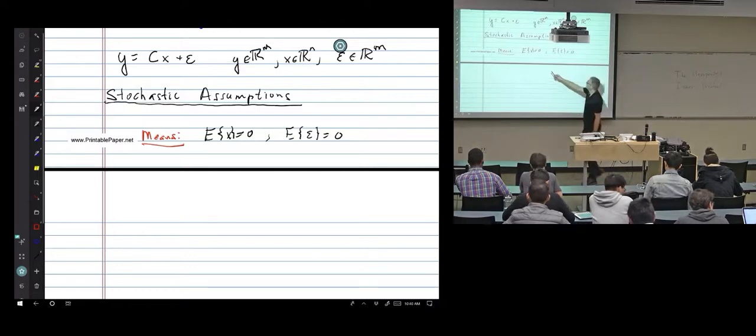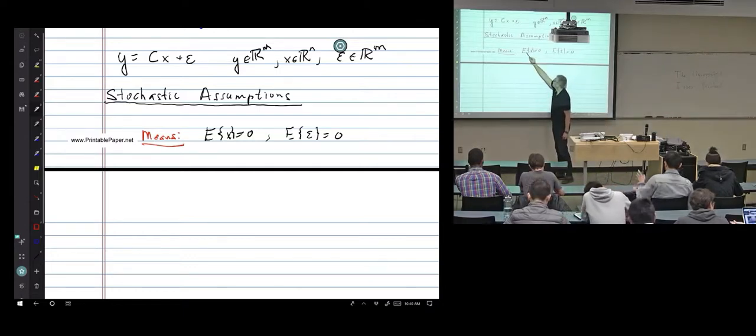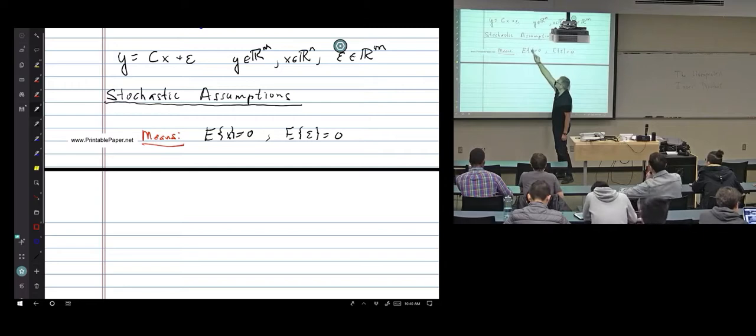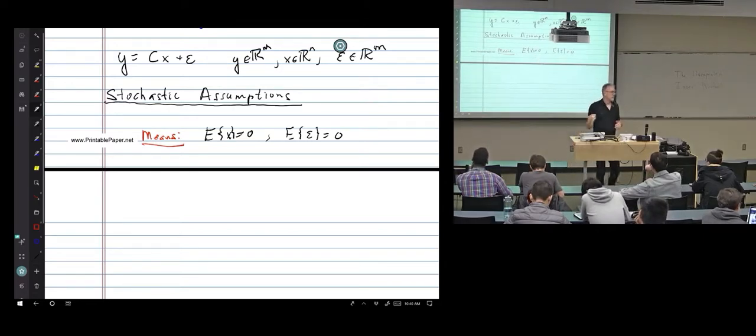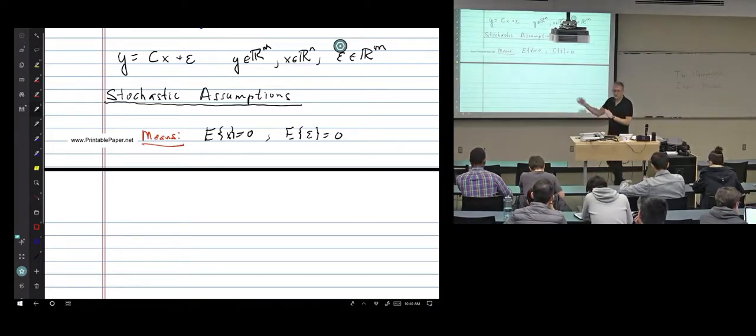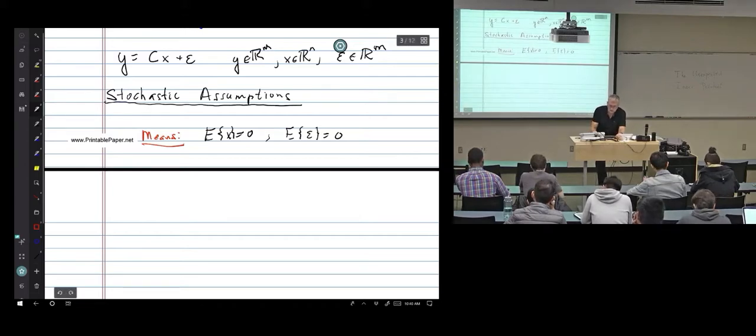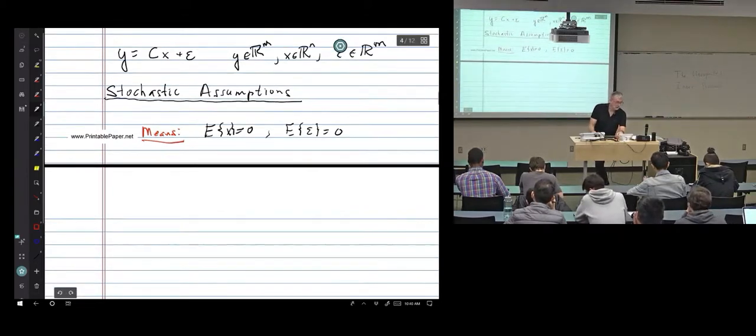We're now giving ourselves some side information about x. It has a mean value, and if you don't like the mean value being 0, just define a new x tilde as x minus the mean, and you reduce it to this problem. So this just makes things easier, but now we no longer have only stochastic assumptions on the noise, but the thing we're trying to estimate has some random properties as well.